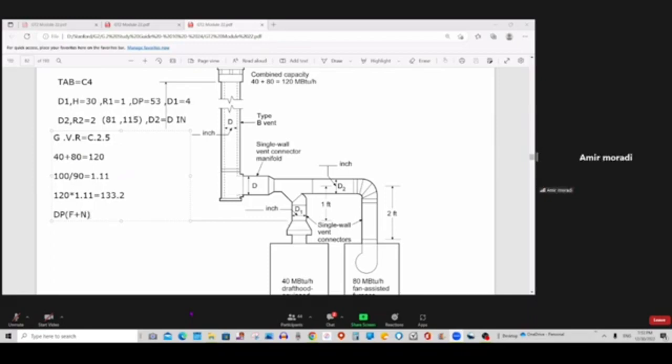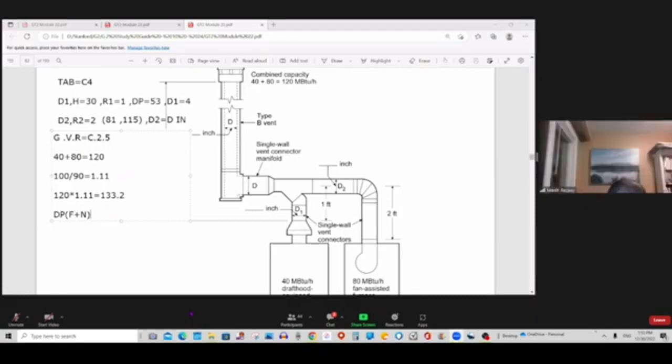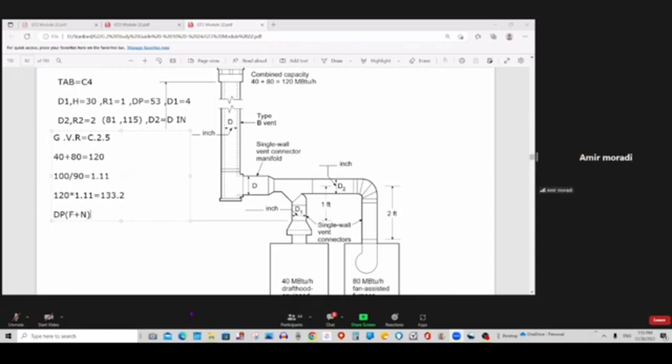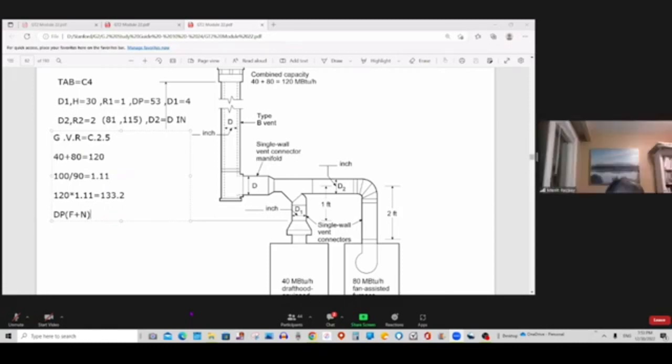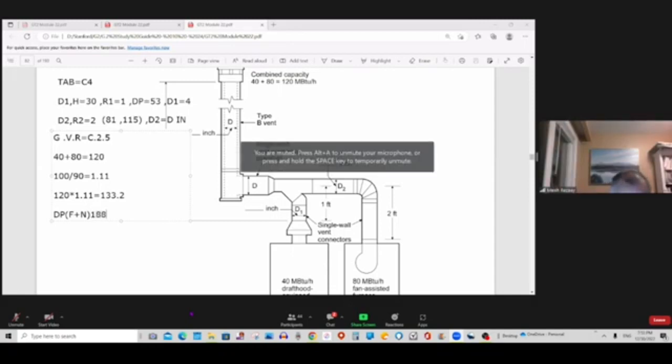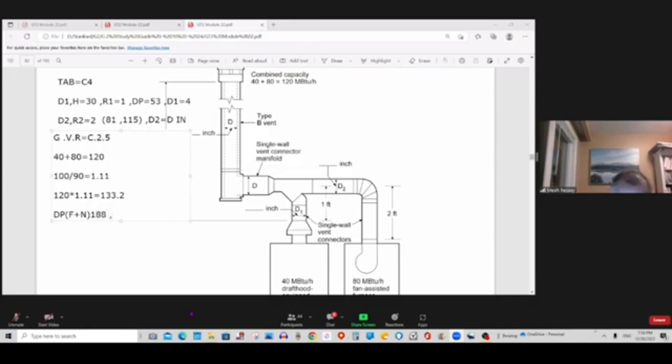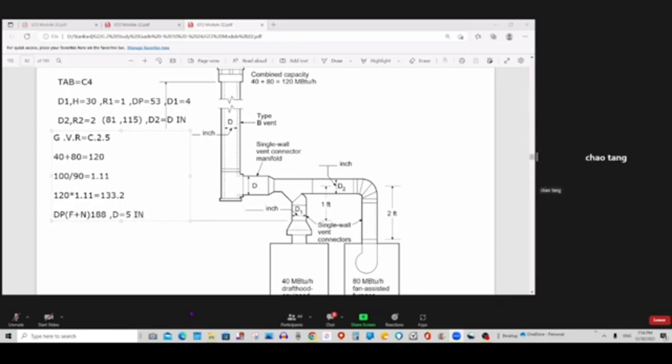You would get 188. For 130, you got 188, which is equal to D equal to 5. Okay. So please take a screenshot. Have a nice day.